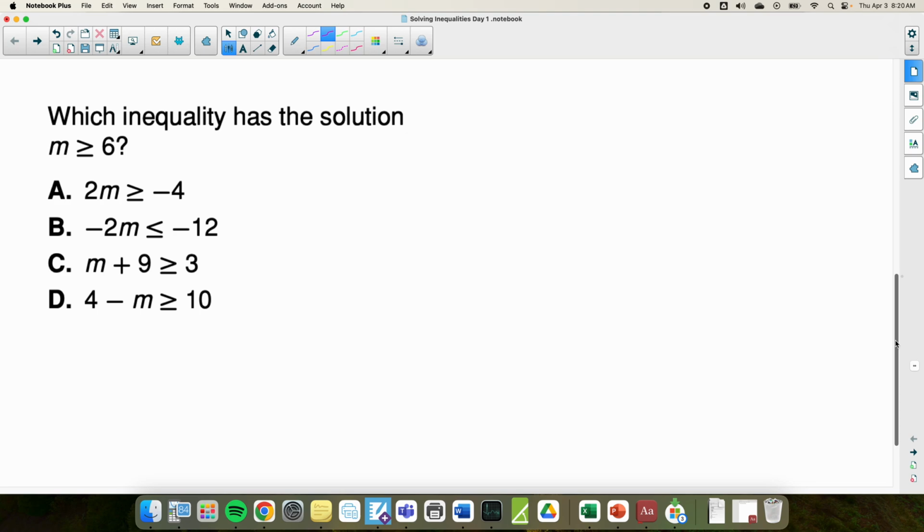Okay, so in this one, instead of giving you an inequality, they're giving you the answer, and you have to decide which one of these has that answer. So some of them you could probably tell just by looking. Like here, if you just looked at this, if you divided by 2, are you going to get greater than 6? You're not, right?